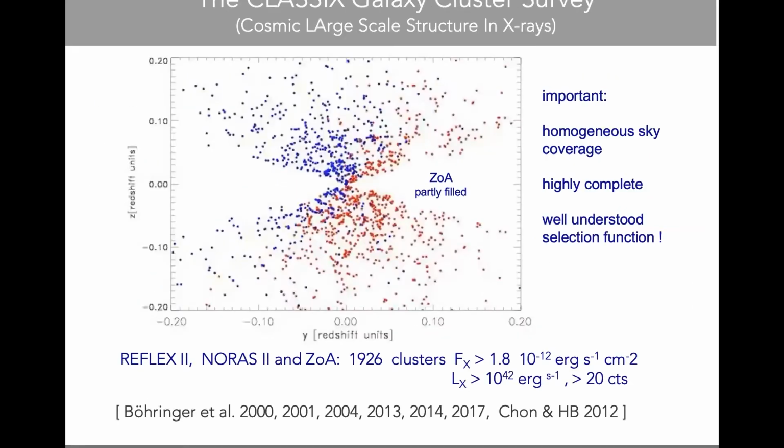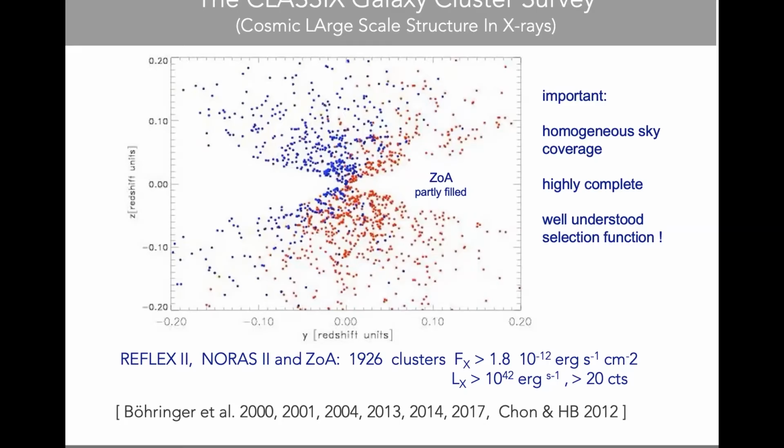Now we need, of course, a survey that gives us galaxy clusters in a complete way and with a very clear selection function. We get that from the ROSAT All-Sky survey. We have followed up the X-ray sources. In total, there are about 150,000 X-ray sources in the ROSAT survey.